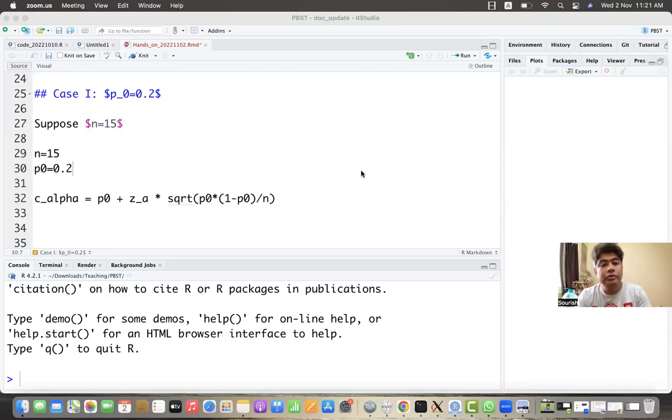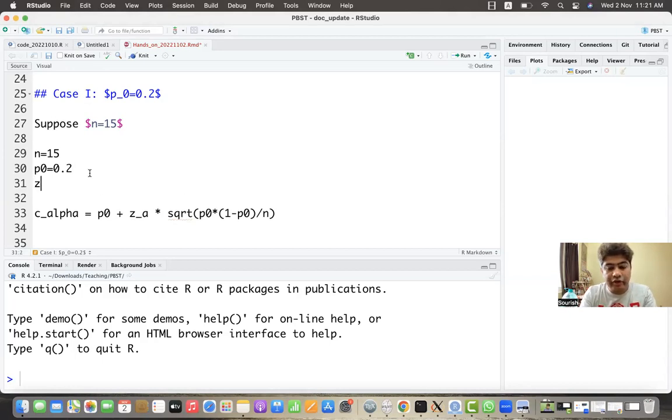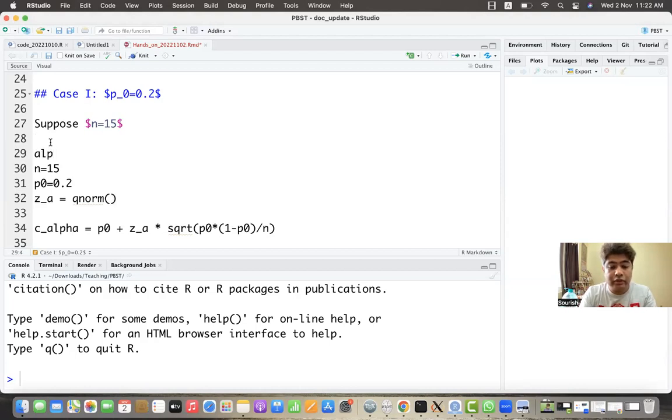Okay, so now this is 0.2, and then I have to figure out Z alpha. Z alpha is Q norm of alpha. First we also have to choose an alpha. So let us take alpha to be 0.05.